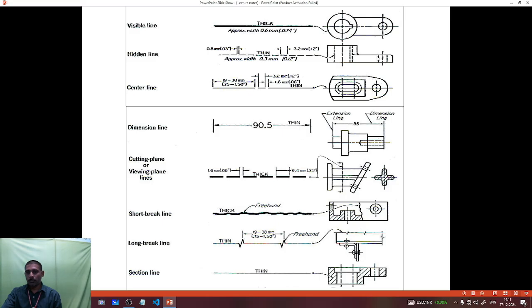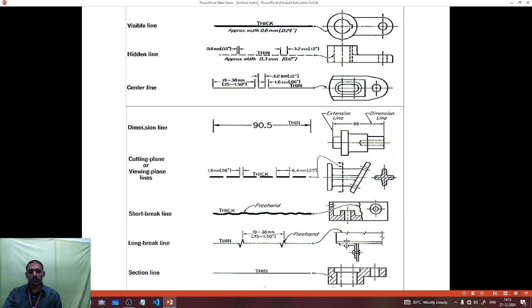Again the smaller circle, we can't see the circle in the front view, so the front view is drawn with the hidden line. The next one is the center line. To draw a rectangle box or a circle, we need some center line, which draws the center axis.